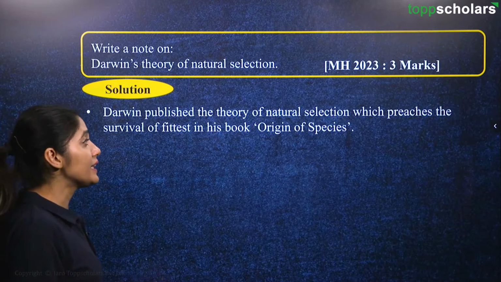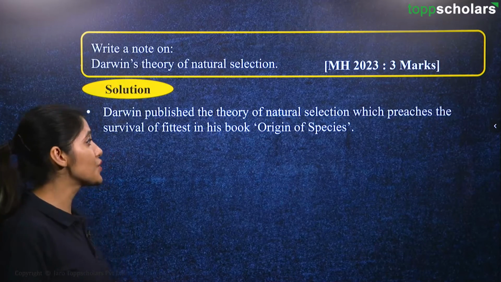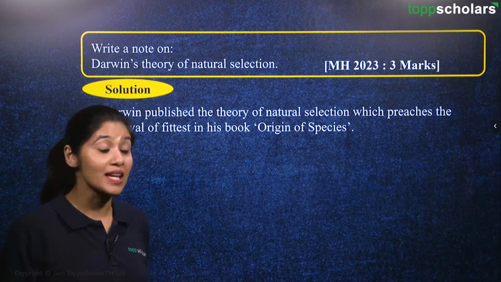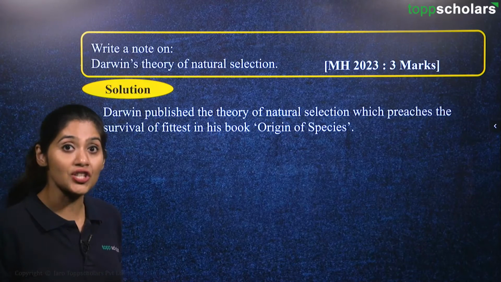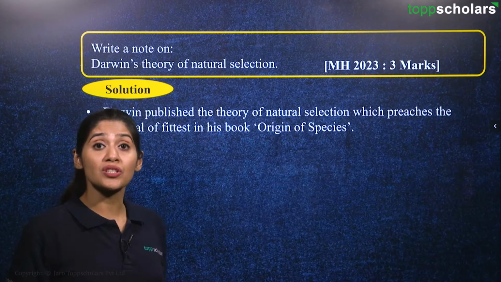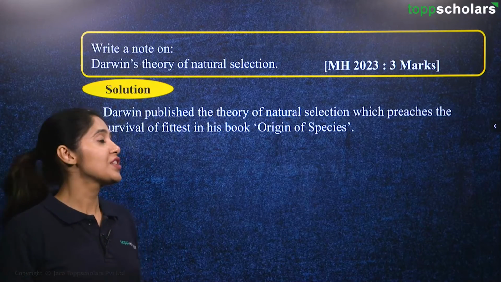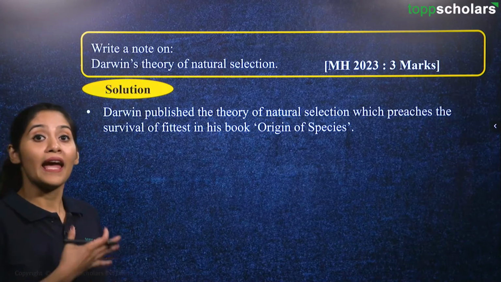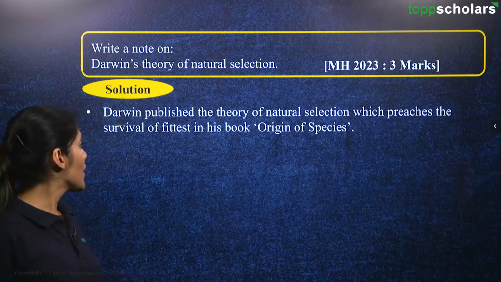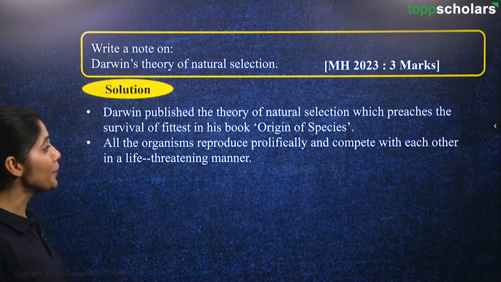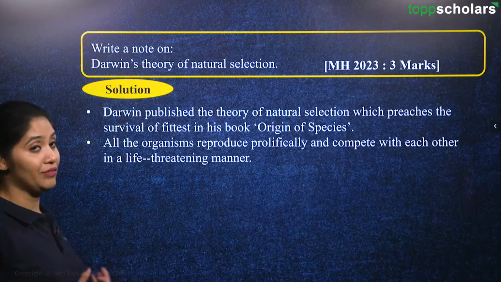Darwin published the theory of natural selection, which preaches the survival of the fittest, in his book Origin of Species, which lays down the foundation of how evolution took place and what the factors were which caused extinction or survival. So all the organisms reproduce prolifically and compete with each other in a life-threatening manner.